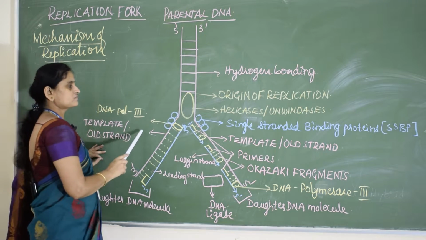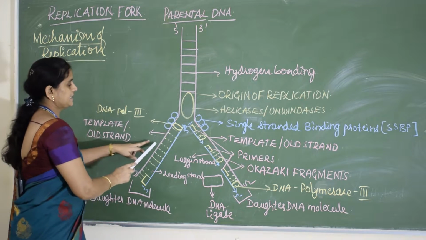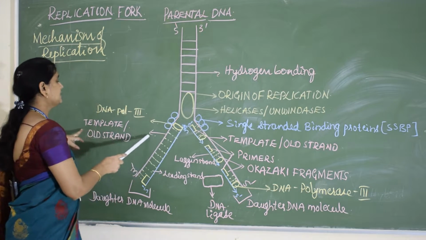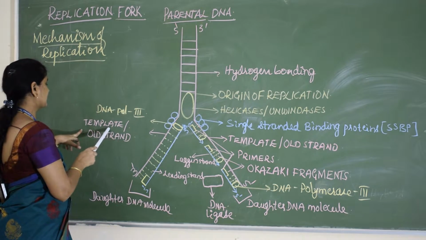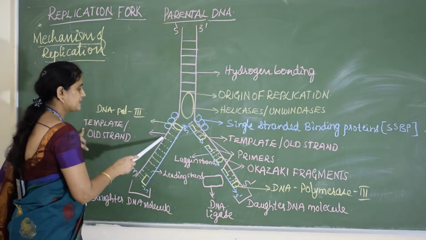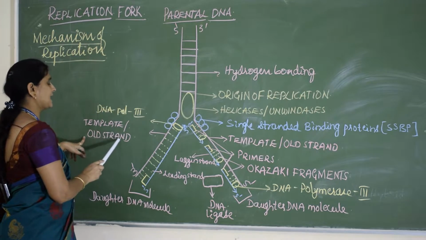Once the replication fork is formed here, each separated strand in a parental DNA acts as a template, or we can also consider it as the old strand.